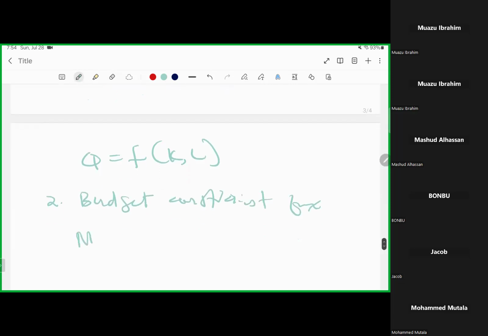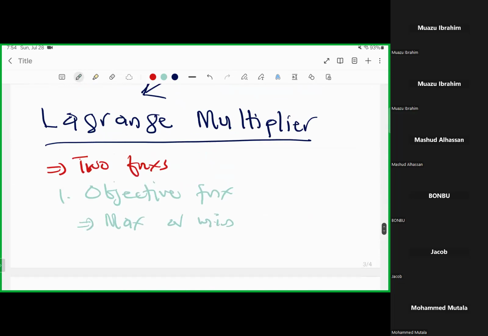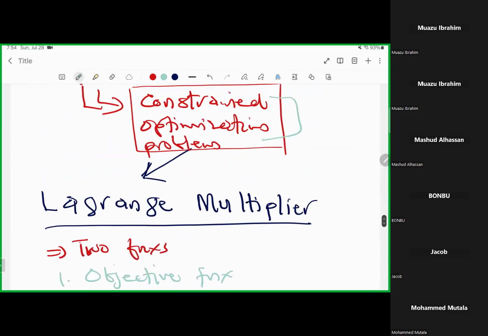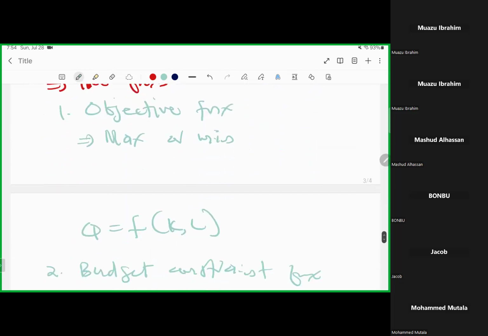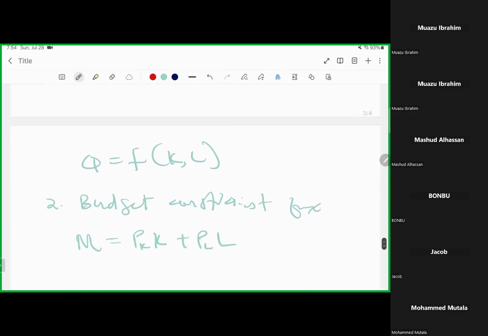We said it is M is equal to PK K plus PL L. So for a Lagrangian multiplier to be used to solve the constraint optimization problem, you need to identify two functions: which one is the objective function, and which one is the constraint function.